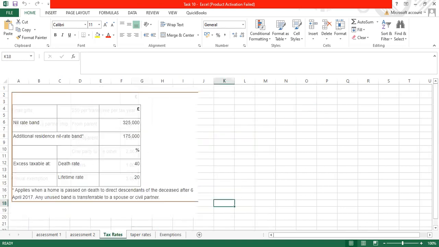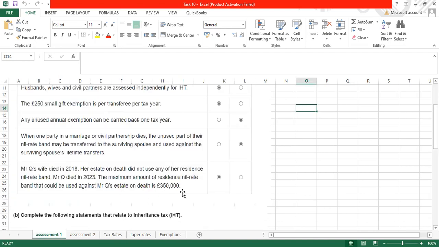We have seen already that the nil rate band is 325,000, but here it is 350,000. The reason is that Mr. Q's wife died and her estate on death did not use any of her resident nil rate band.